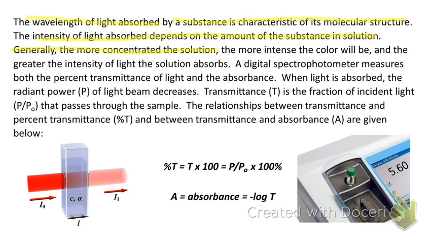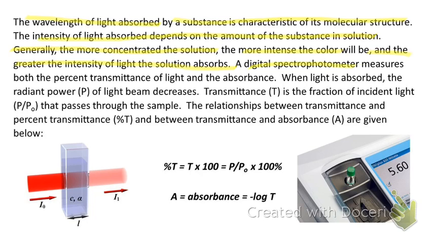So the absorption of light is proportional to the concentration of our solution, or our compound that's in our solution. So the more intense the color will be, the greater the intensity of light the solution absorbs.